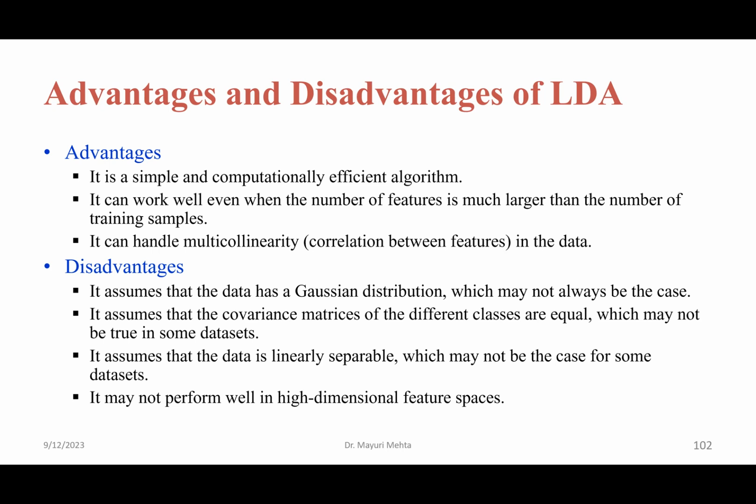Gaussian distribution, normal distribution, different types of normal distributions are there. This LDA method assumes that the data has a Gaussian distribution, but data is not always Gaussian, and at that time LDA doesn't perform well.